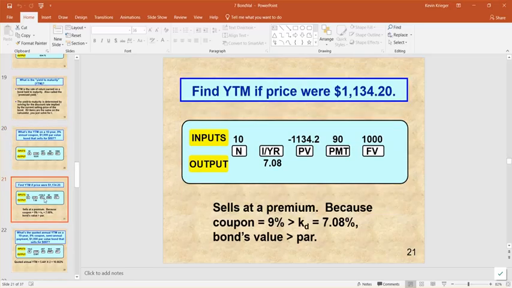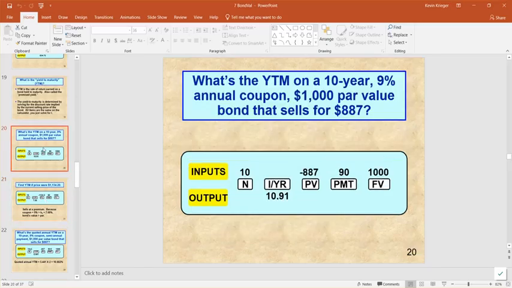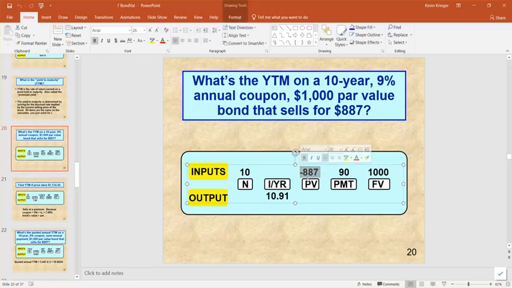Here's another example. If I tell you that the price was $1,134.20, solve for the yield again. The first thing that I tend to notice here, again, is the contrast between coupon rates and yields. But this time my eye is drawn to how big the present value is. This one, I can see right away, that 887, that's a discount bond, because 887 is less than 1,000.